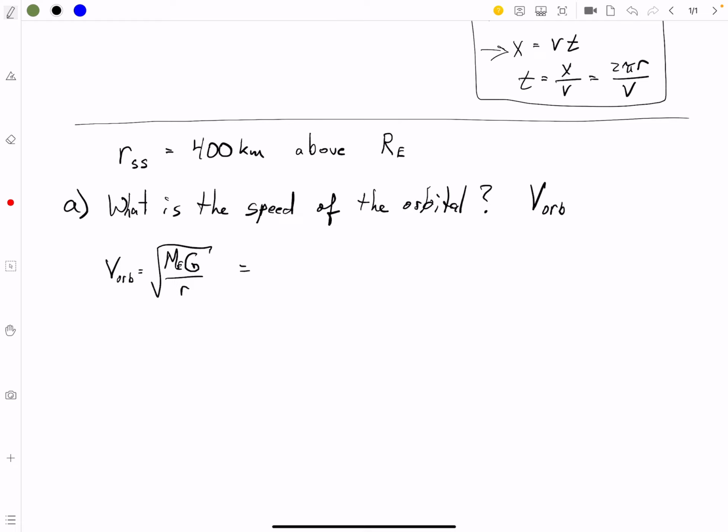Turns out, of course, v orbital is equal to, and I really shouldn't call this R, I should call that an H, and our orbital radius is just R E plus H. So that's our orbital radius down here.